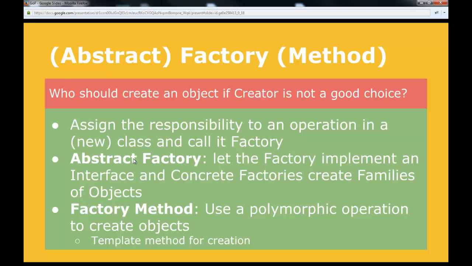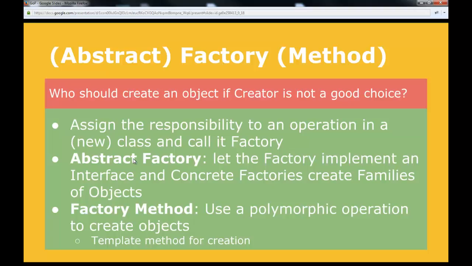So the factory pattern can be used if you have some more advanced requirement regarding the creation of objects. For example, maybe we need to parse some kind of settings file to know what kind of object we're actually going to create. Then the factory pattern is good to use.